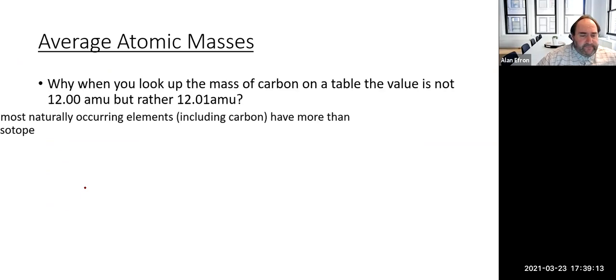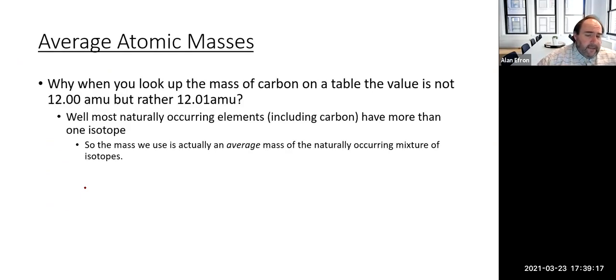For example, carbon has two isotopes: the carbon 12 isotope and the carbon 13 isotope. Carbon 12 has an atomic mass of about 12, obviously. Carbon 13, much like the name implies, has a mass of about 13 and some change. When you average those together, we get an average atomic mass for carbon of 12.01, which represents all the naturally occurring isotopes.